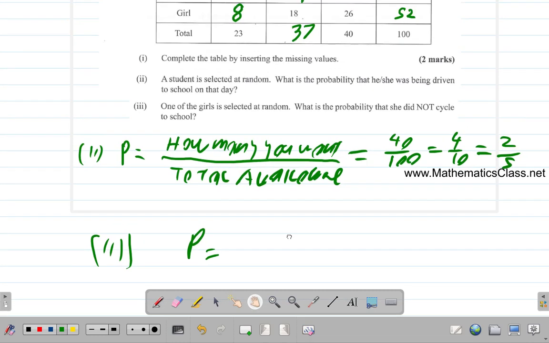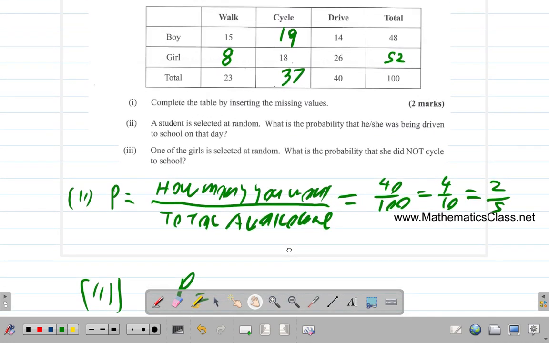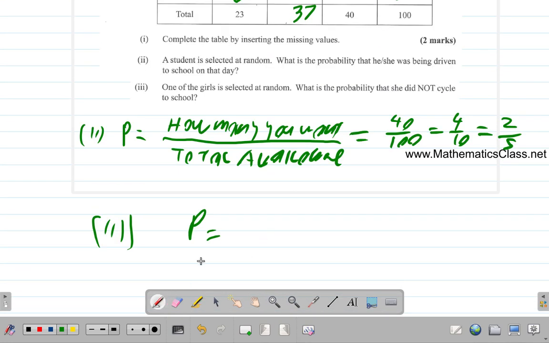So you have 18 over 52. That's how much now? 2 into 18 is 9, 2 into 52 is 26. So 9 over 26.